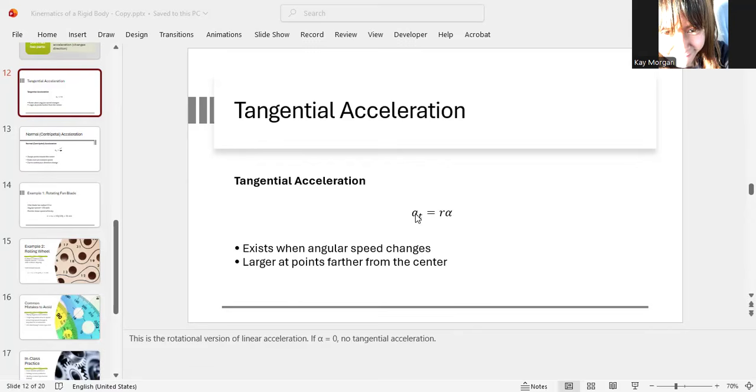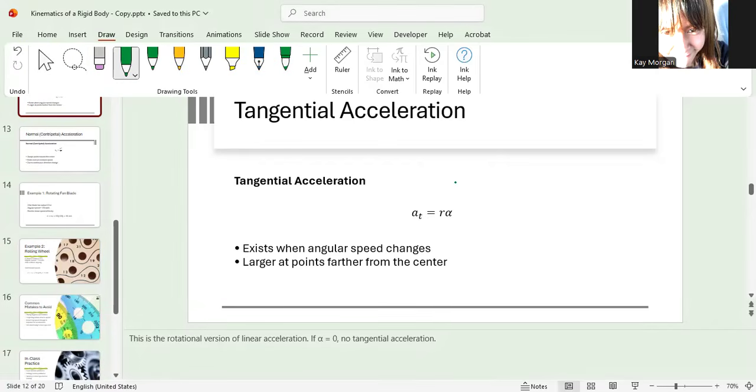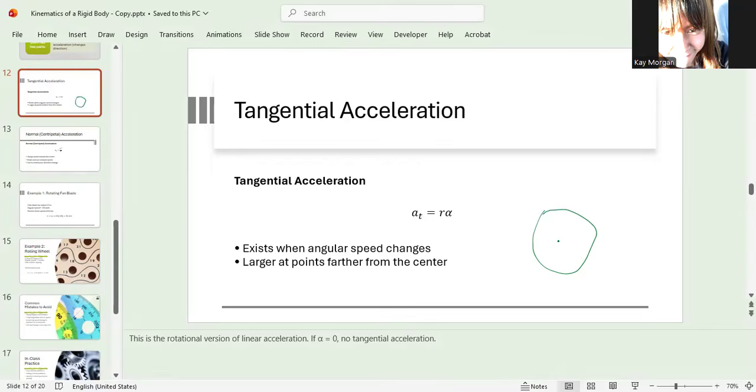So tangential acceleration is going along the tangent to the circular path. I already drew that for you, okay? Again and again, the same thing. So here is your circle. We usually draw it like that. And of course, this is a tangent point. This is, let's say, away from the axis, okay? This r, the distance we're looking at, not the point, the distance we're looking at.